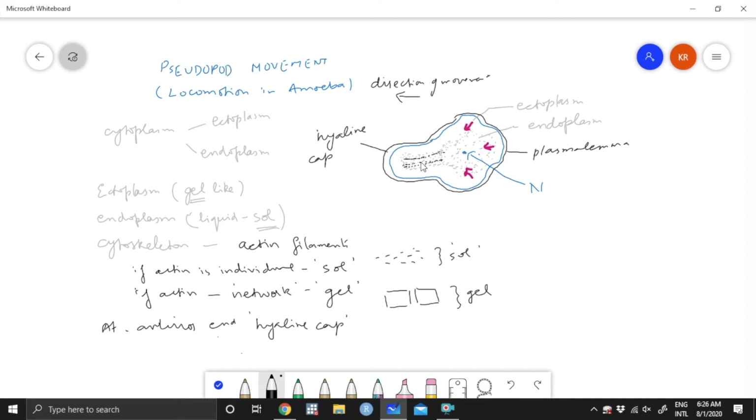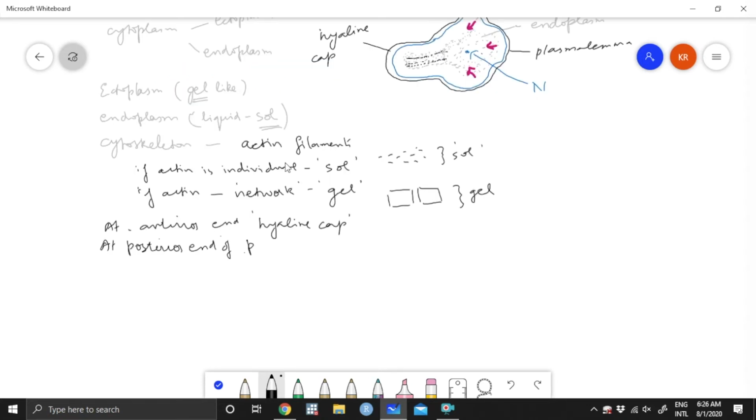And as this thin tube-like structure is developed, that means at the posterior end of the pseudopodium, actin network is broken.